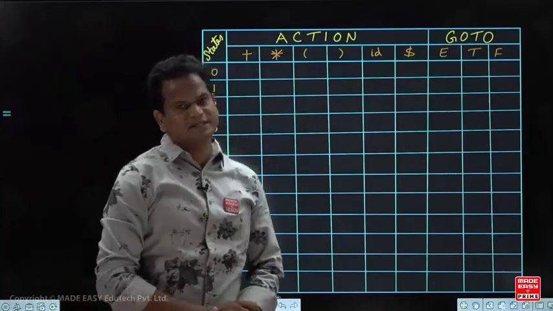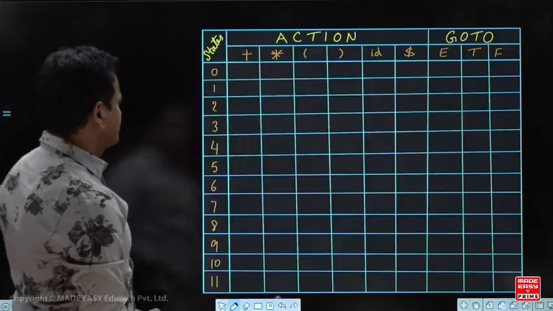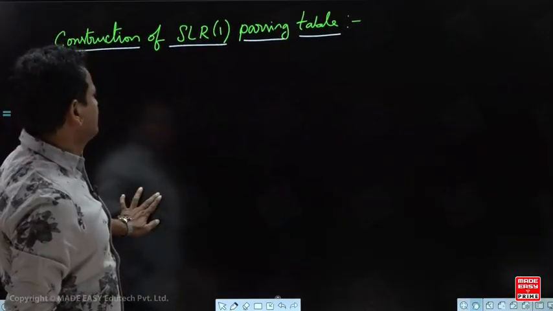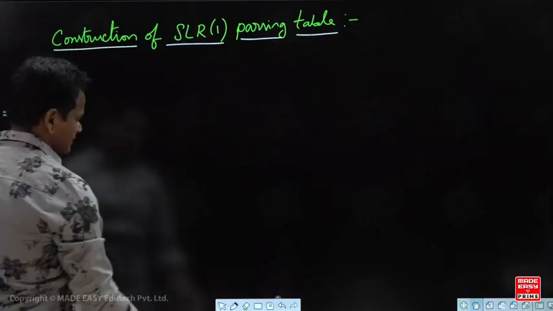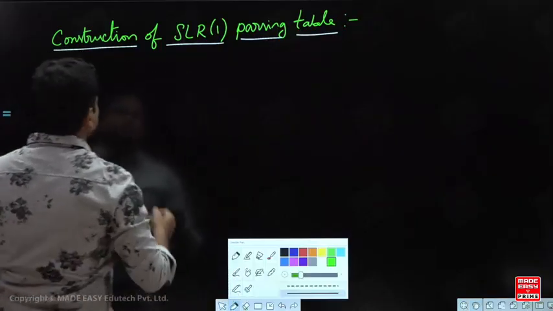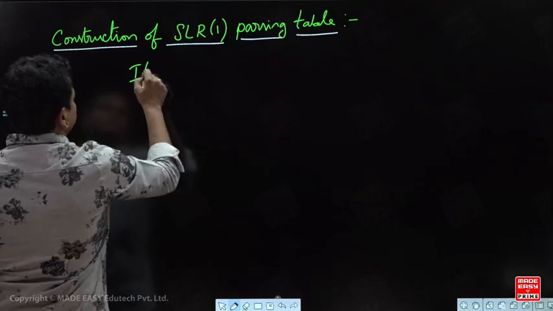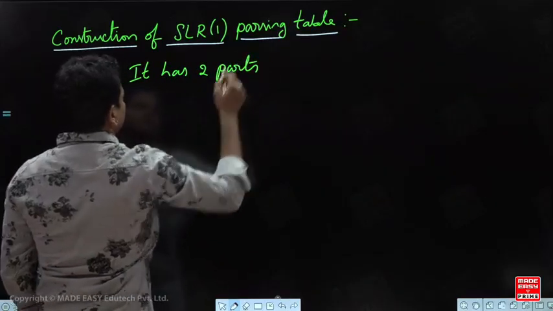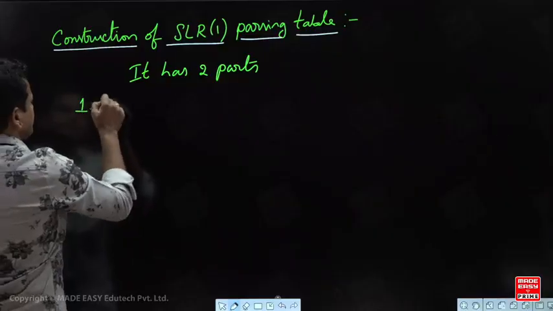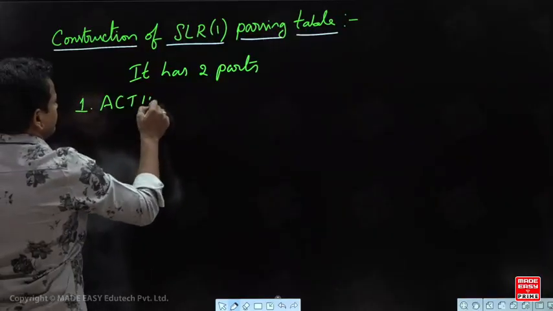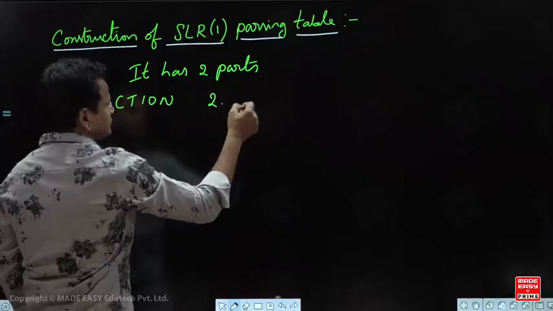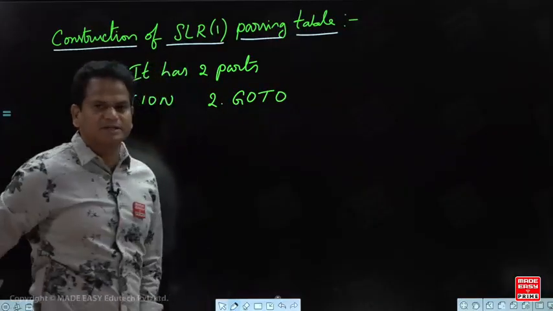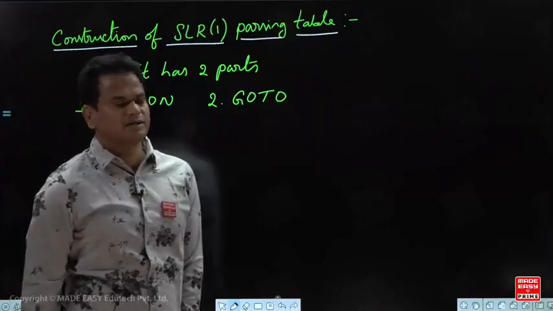So, how to fill this table? Okay. Now, what are the rules? Construction of the SLR(1) parsing table. It has two parts. One is action and the other one is go to. So the action part will contain all the terminals and the go to part will contain all the non-terminals.